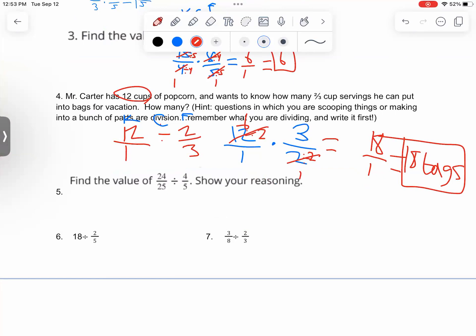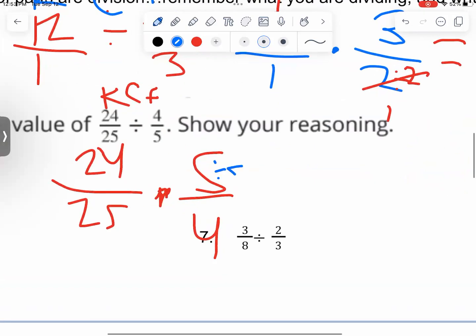Number 5, 24/25 divided by 4/5. I just put the wording with it just so you'd have to think about, does it mean the same thing? Yeah, it does. Change to multiply. Flip the second one, so 5 over 4. Here we got common factors again. Divide by 5, we get 1. Divide by 5, we get 5.